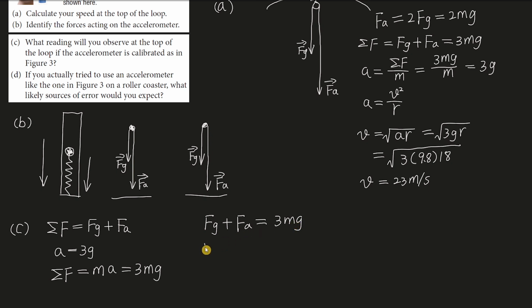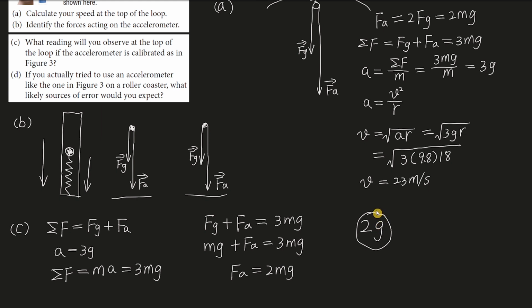Fg equals mg, plus Fa equals 3mg. So Fa equals 2mg. We analyzed before. When the pulling force of the spring on the ball is 2mg, the reading on the accelerometer should be 2g. So the answer for question C should be 2g.